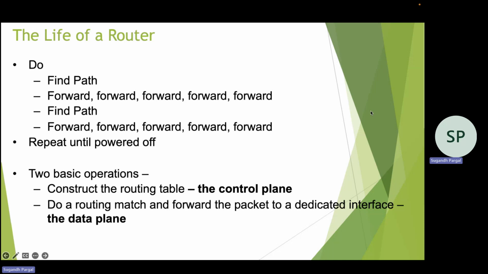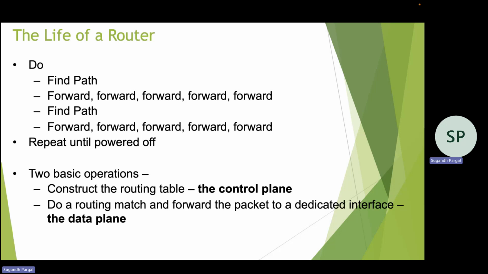And then there is another operation in which we do a routing match and forward the packet to the dedicated interface. For example, if a packet arrives at the router, the router checks its routing table to see whether there is a match for a certain source address, finds its destination address, and then forwards the packet to a dedicated interface.